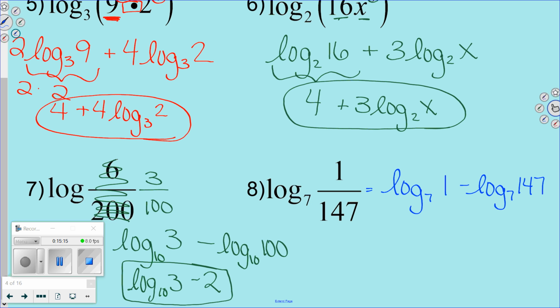Jasiri? Yeah. 7 to the 0 power equals 1. So this is 0. Does 7 to some nice pretty power actually make 147? Yeah, I have to think exponents. I know it's so hard to trick our brain into thinking that way. So try it. What's 7 squared? 7 cubed? No. So 0 minus log base 7 of 147. Do I need the 0?